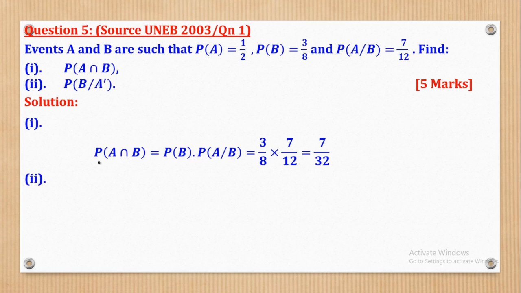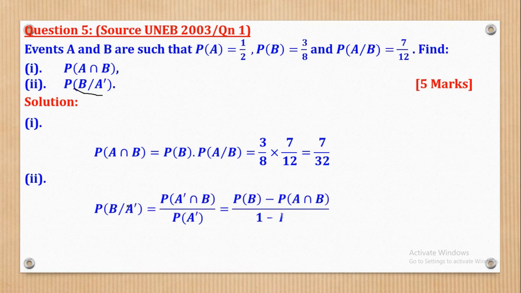Roman 2, the one probability of B given A complement. When we expand that, the numerator will be the intersection of these two. That's why there is here A complement intersection B, and the denominator is what has already occurred, which is why you see here A complement.